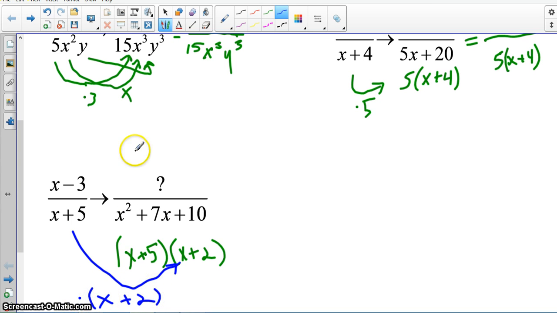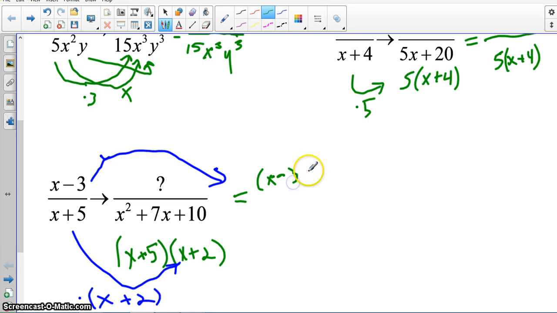So you have to do times x plus 2. So we do x minus 3 equals x minus 3, and then we multiply the top and bottom by x plus 2, so it's x plus 2.